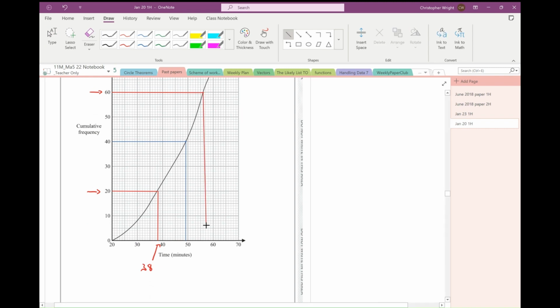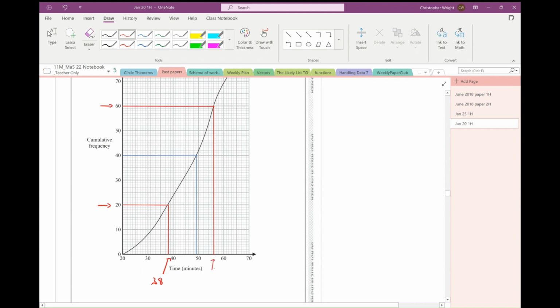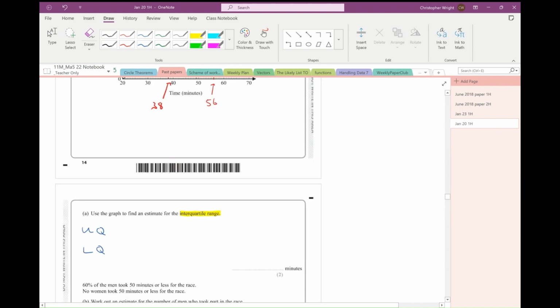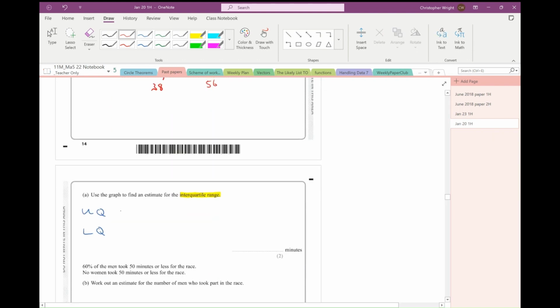Here we go. There we are. That looks to me like it's 56 minutes. So the upper quartile was 56, and the lower quartile was 38. So the interquartile range is 56 minus 38, which is 18 minutes.